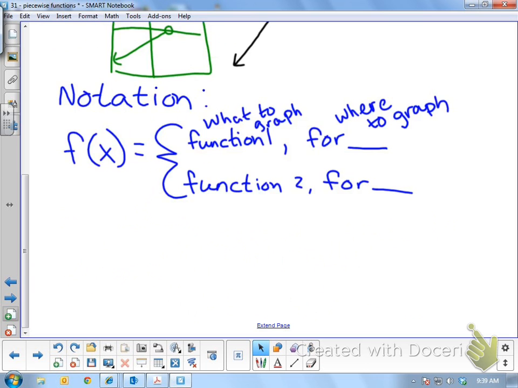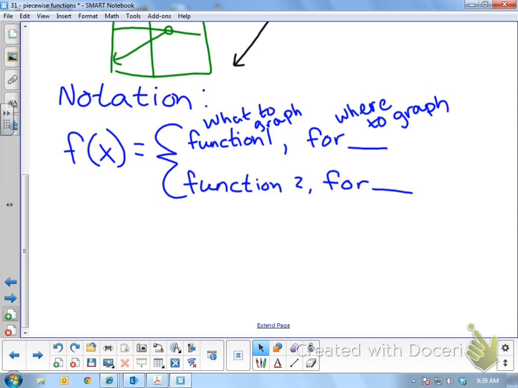But I do want you to write in your book what the notation is like for a piecewise function. It's already in there, but I wrote it a little bit differently. When we know something is a piecewise function, the first way we know is if it has those braces.